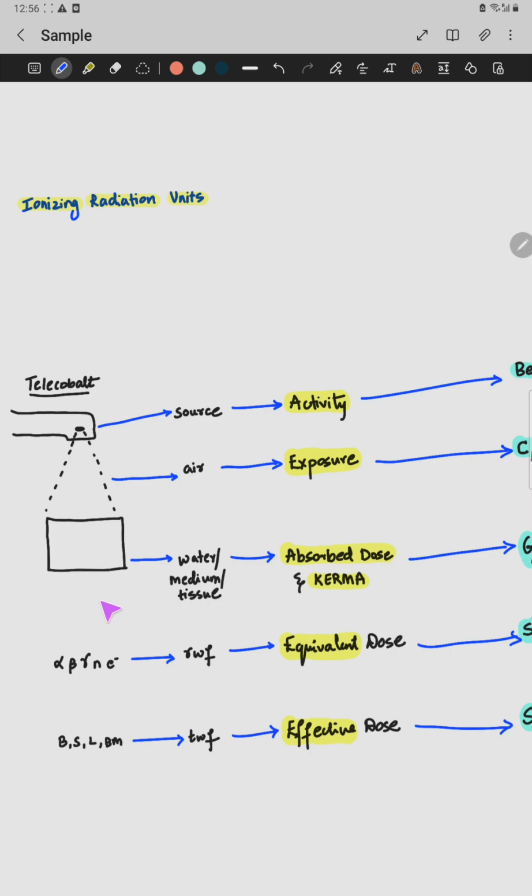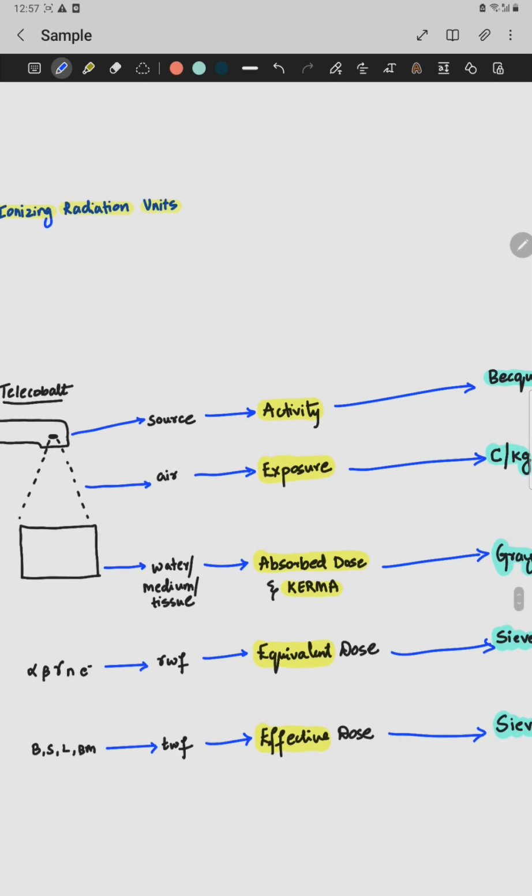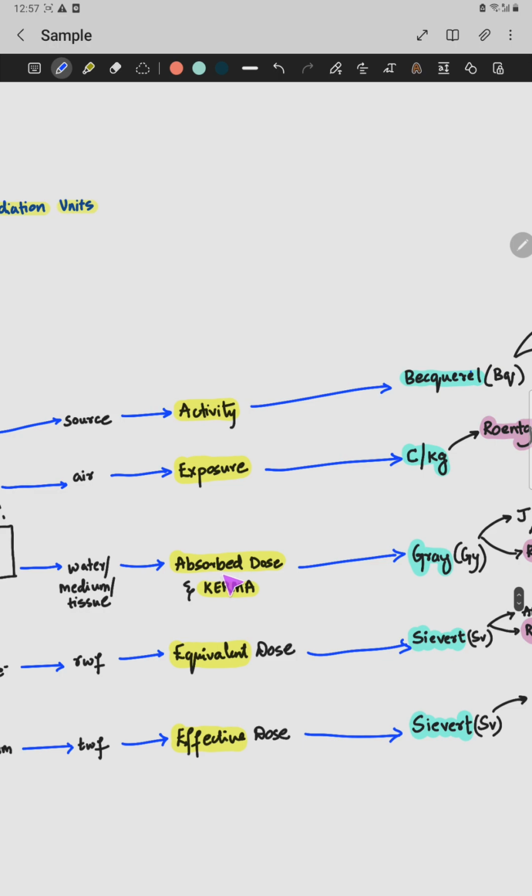You are measuring that unit mass, that is absorbed dose. There is a very slight difference between absorbed dose and kerma, that is, kerma is kinetic energy released per unit mass. I can talk about that in a next topic video, if you want. And the absorbed dose or kerma is measured by Gray.